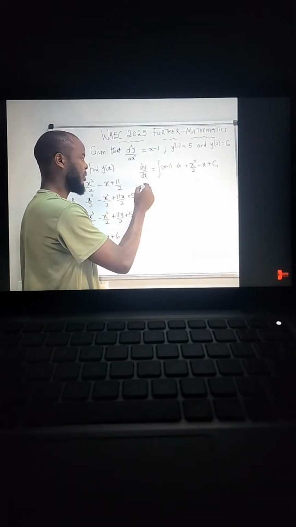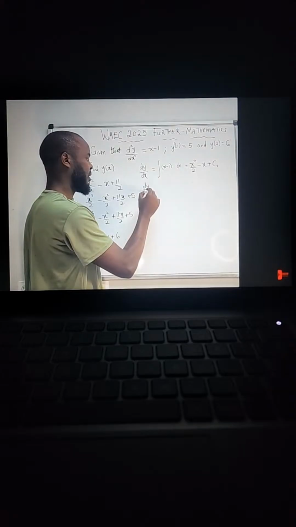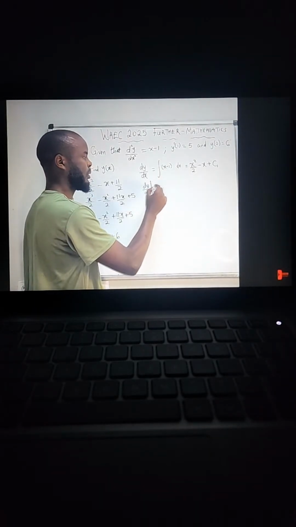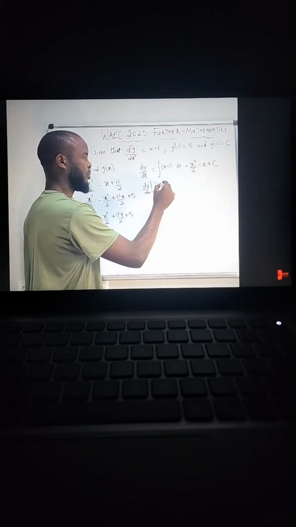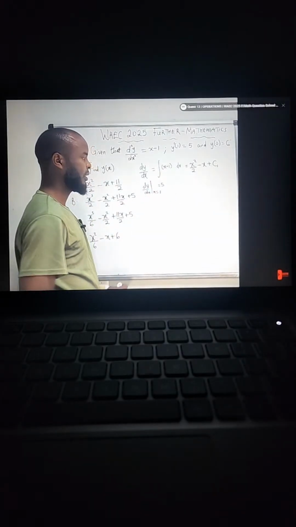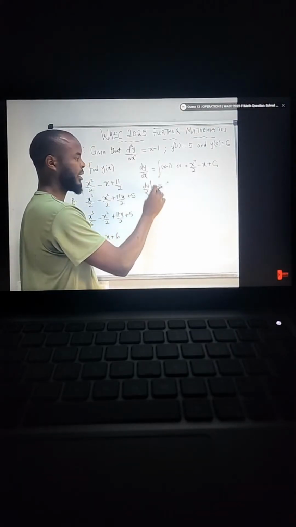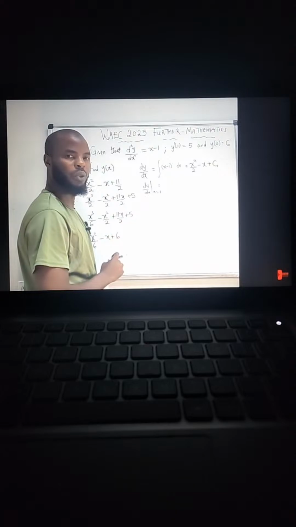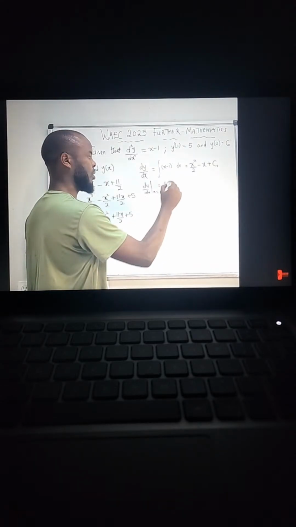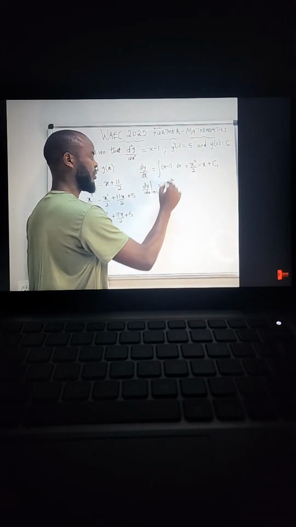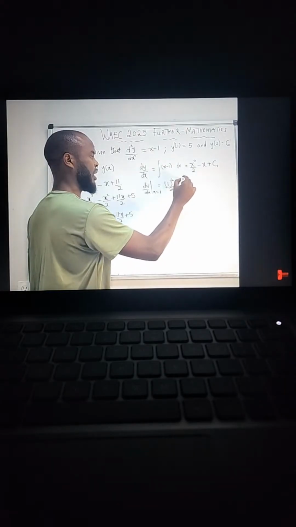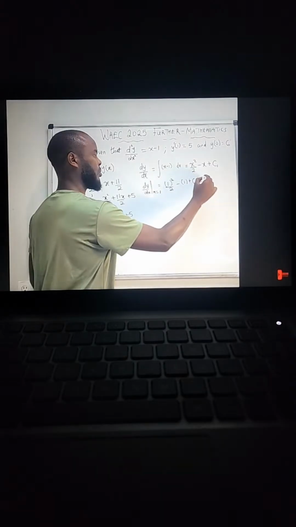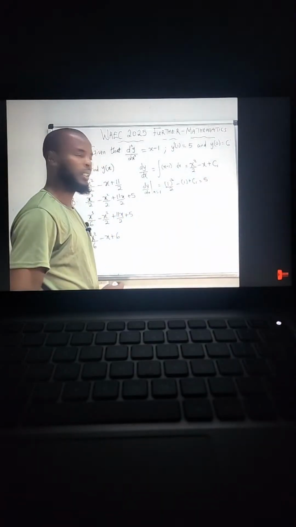Okay, now, the first derivative when x equals 1, you want to equate this to 5, right? So what this is telling you is to plug in x equals 1 into this equation. So here we have 1 squared over 2 minus 1 plus c1 equals 5.